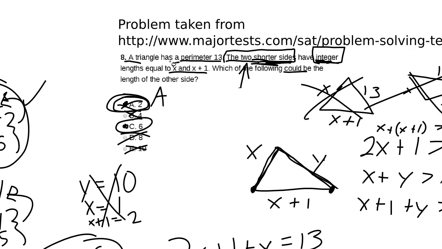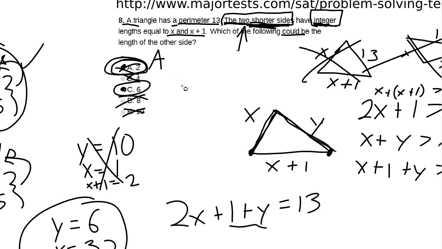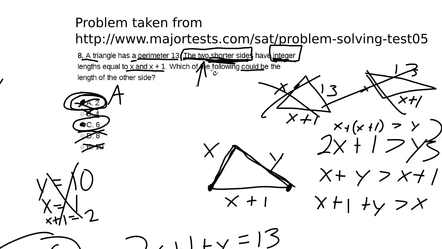And as I was reading through, I was reminded about this 2 shorter sides part. So I always go back, after I've answered the question a lot of times, I'll go back and read it again and say, did I satisfy what they were asking for?